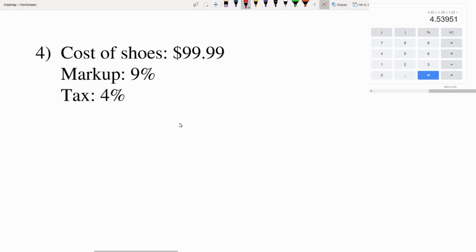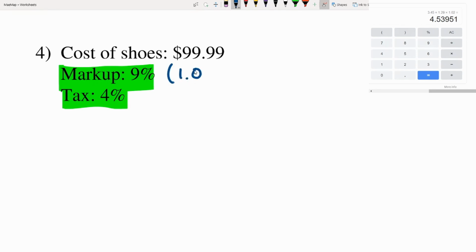In number 4, the cost of shoes is $99.99. We have a markup of 9% and a tax of 4%. So that original is going to be multiplied by 1.09, and then the tax is going to be 1.04.